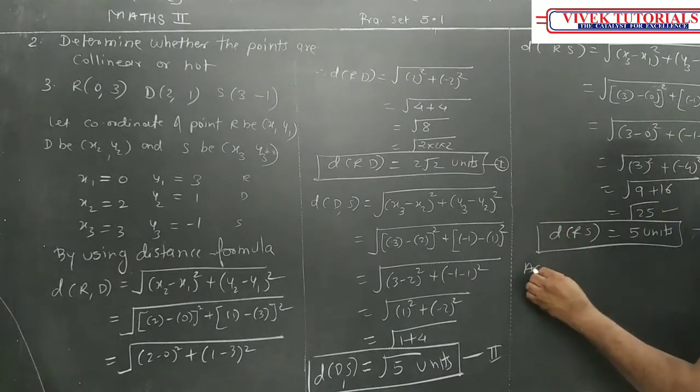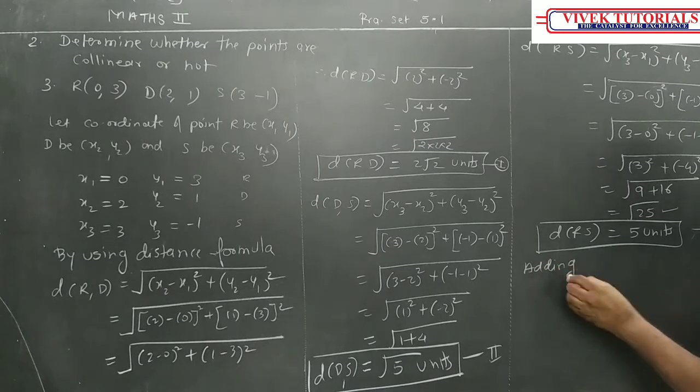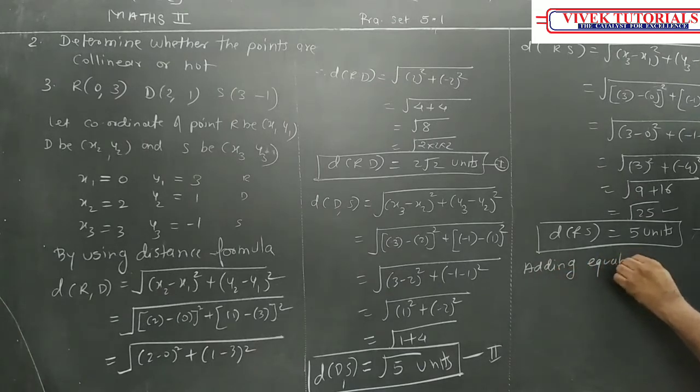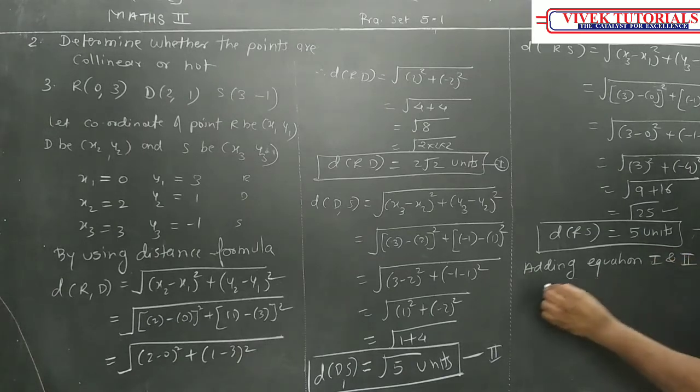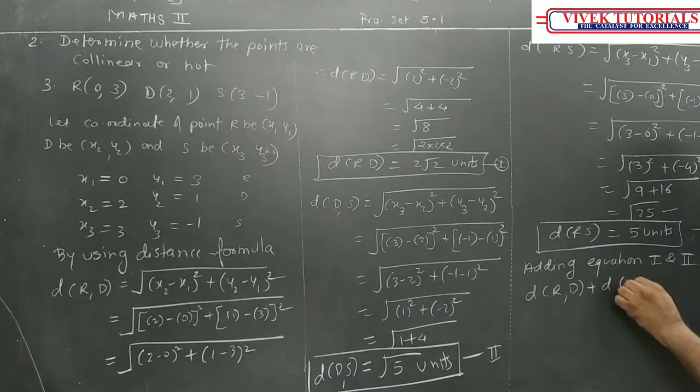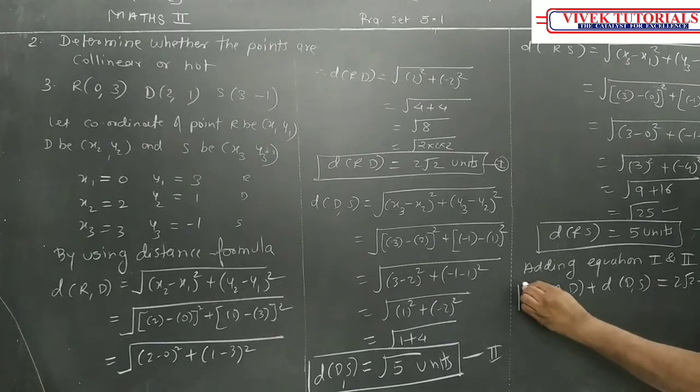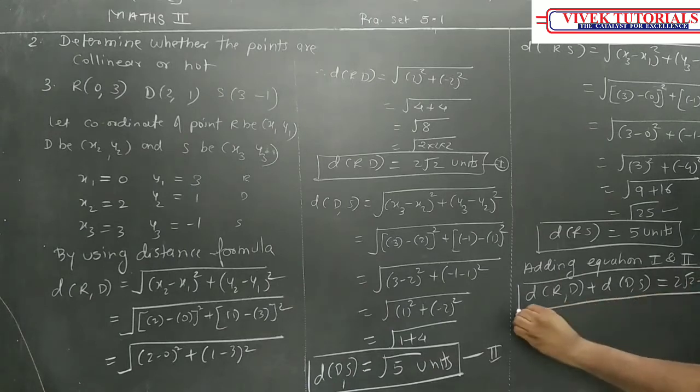So, adding equation 1 and 2, distance RD plus distance DS is equal to 2 root 2 plus root 5. This we cannot add. I'll put it as equation 4. But that is not equal to 5.